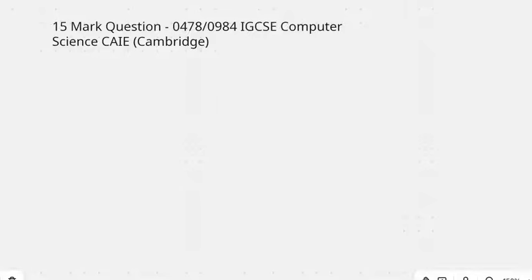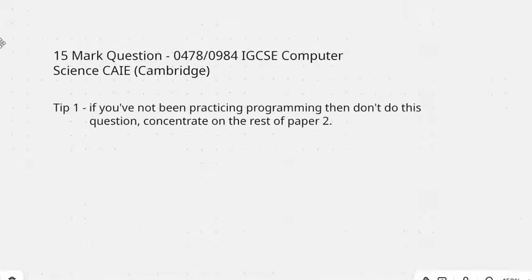But it's really important before we do that you get to grips with the sorts of things that they're looking for in this question. So my first tip is, if you've not been practicing programming while you've been doing this syllabus and you've just been doing the minimum, you don't really understand programming, then I recommend that you just don't do this question at all.